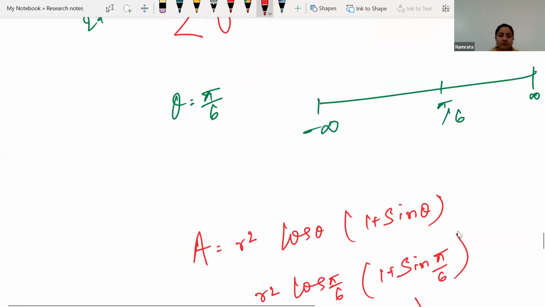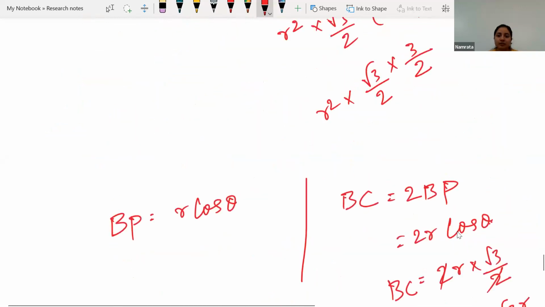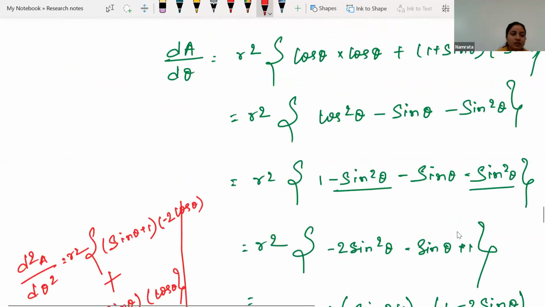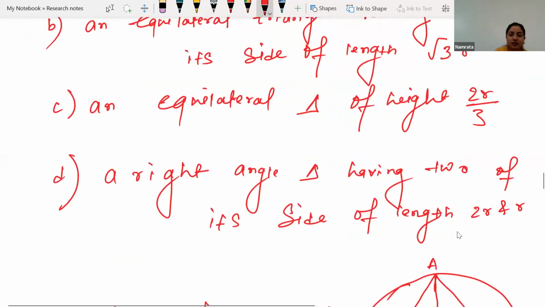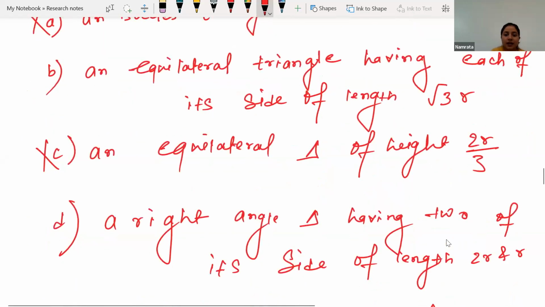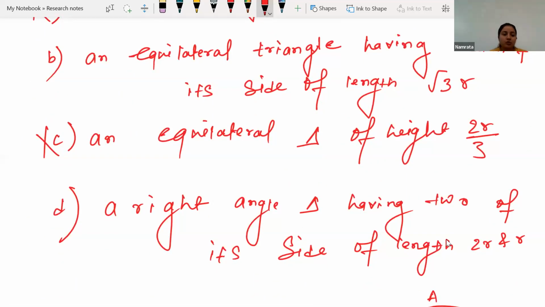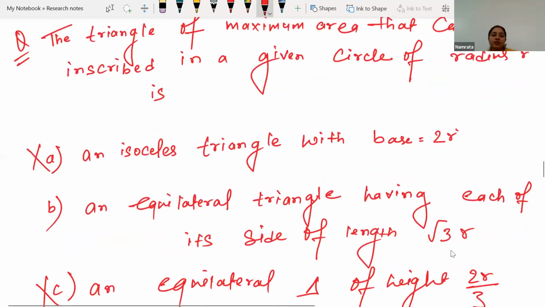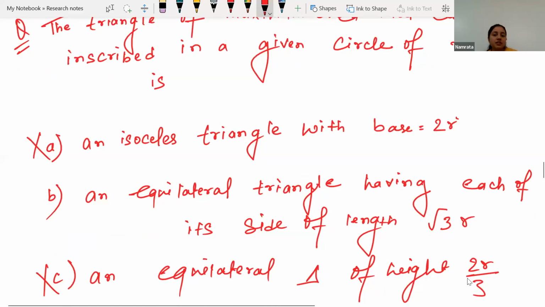Is it so? No, 3R by 2 we have got. So option C is incorrect. A right angle triangle having two of its sides, no, this is incorrect. So without even proceeding ahead, we can say that this option is the correct option. Yes or no?